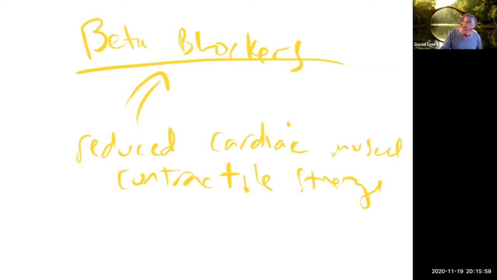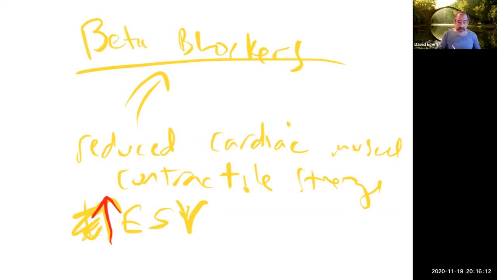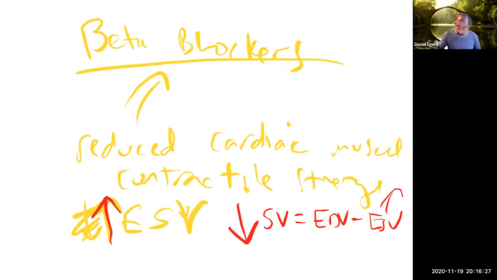And that is going to increase end systolic volume because it's not squeezing as hard. So we're going to have more blood left after we're done with end systole. And stroke volume was end diastolic volume minus end systolic volume. So if this is going up, stroke volume is going down just because of the math.